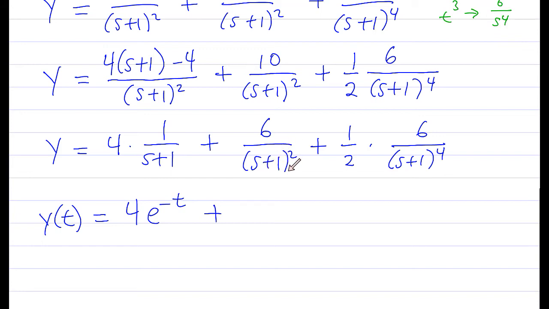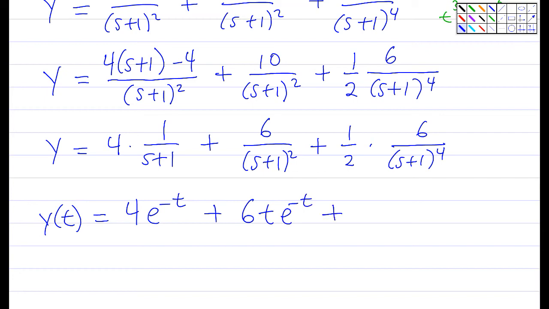Well, that's like 1 over s squared. That means we have a t, but it's going to be shifted with an e to the minus t. Finally, we have 1/2. This is a shifted version of the transform of t cubed. So we have a t cubed, and we still have an e to the minus t.